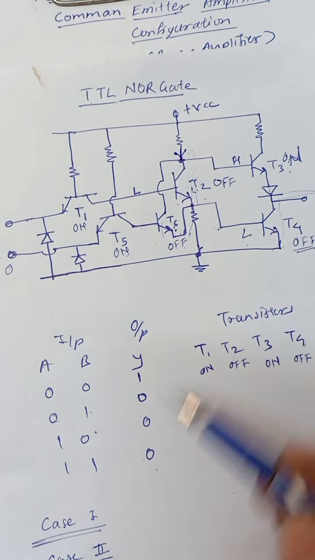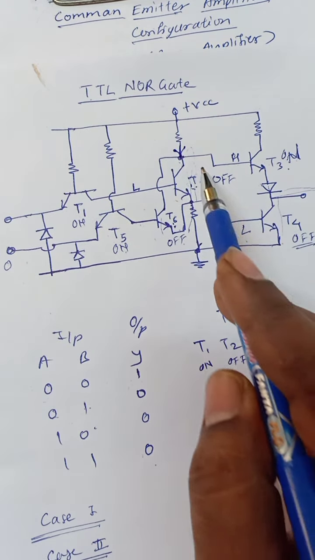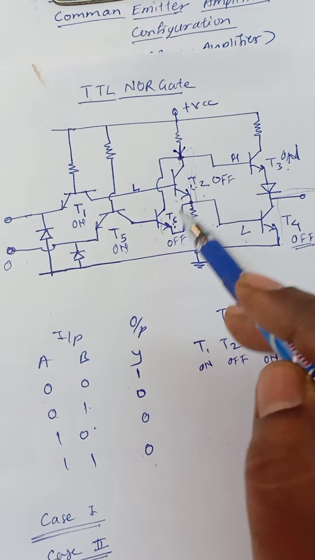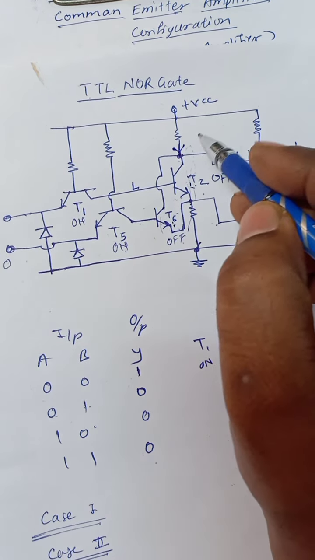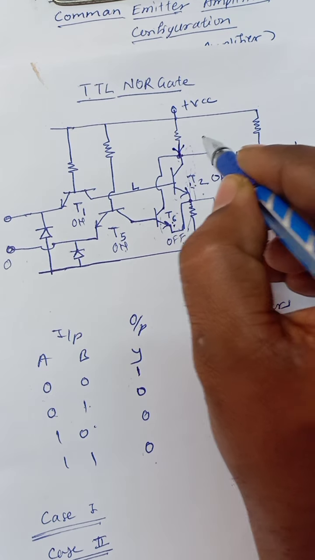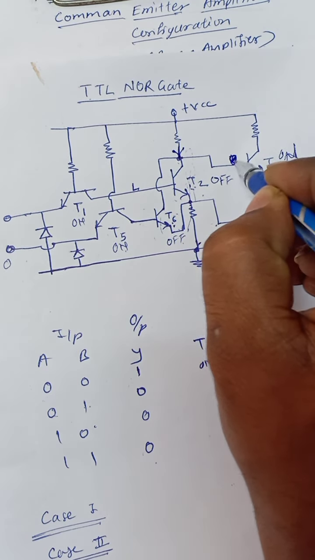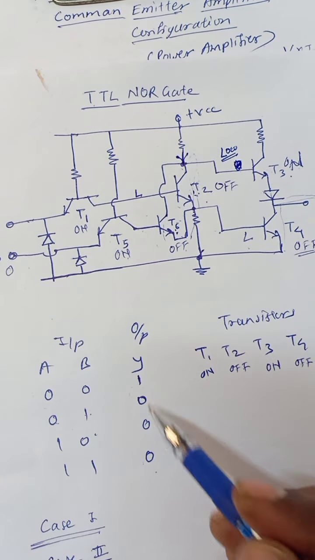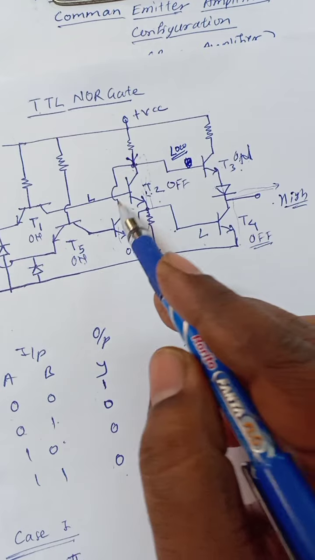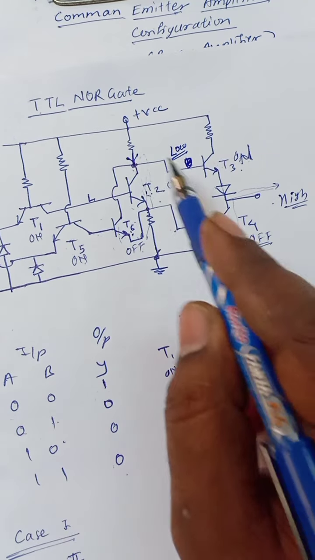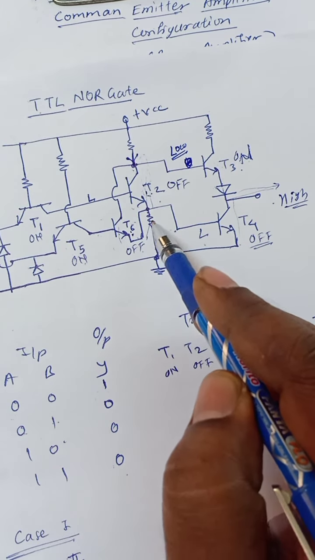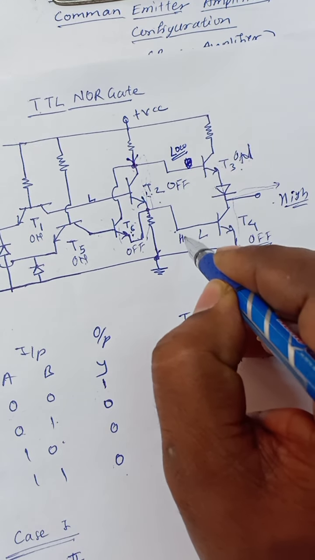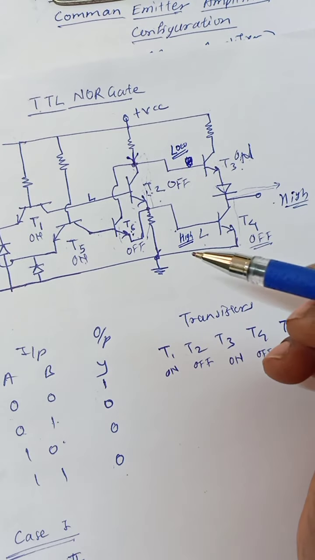Okay, so if we summarize these 3 conditions, because of this condition, this will be on or this will be on or both will be on, and in that case this collector voltage goes low. So for these 3 cases, collector voltage is low, and as current flows through these transistors and generates voltage across this resistor, there is a high.